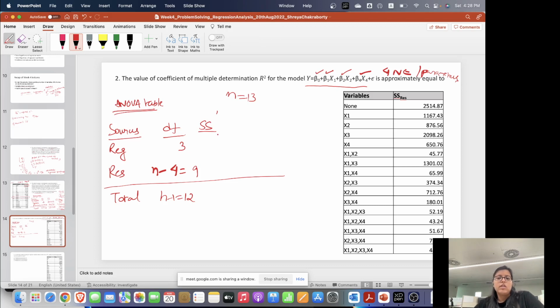In this scenario the sum of squares due to residuals we will again get from this table for x1, x2 and x4, that is we are looking at this one.